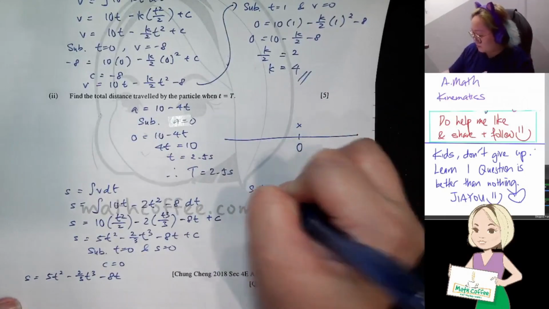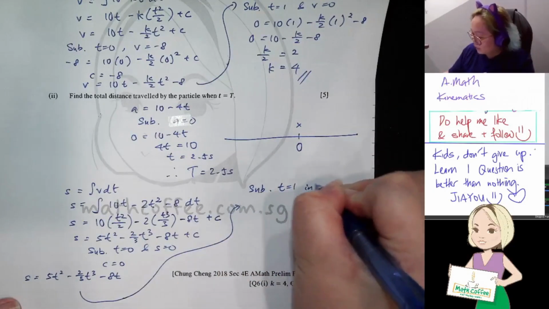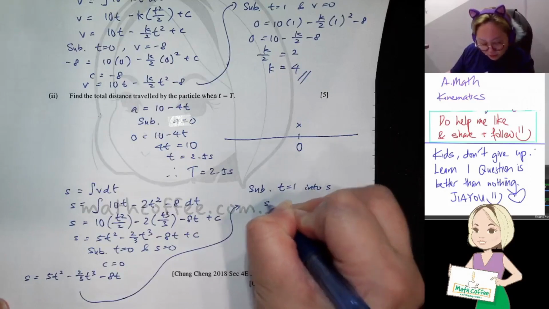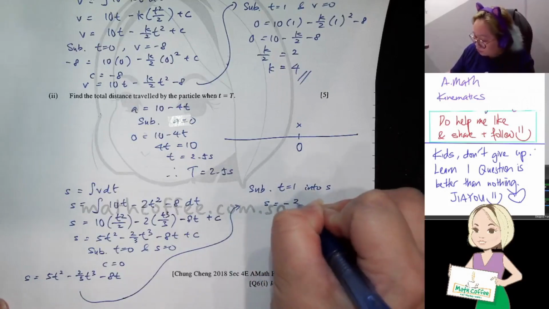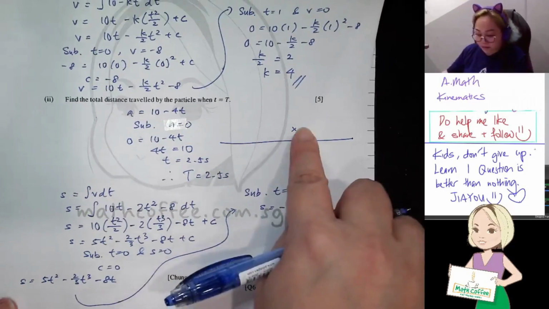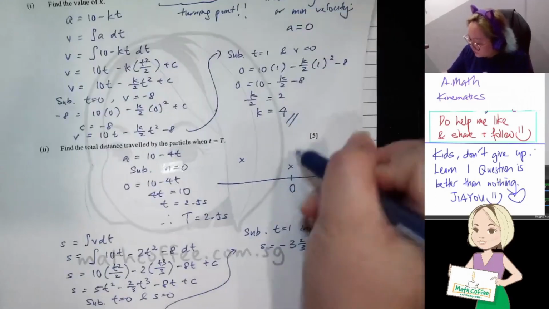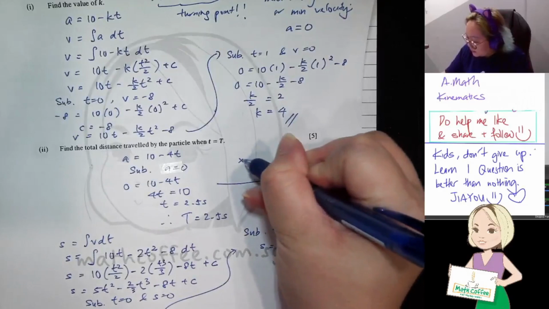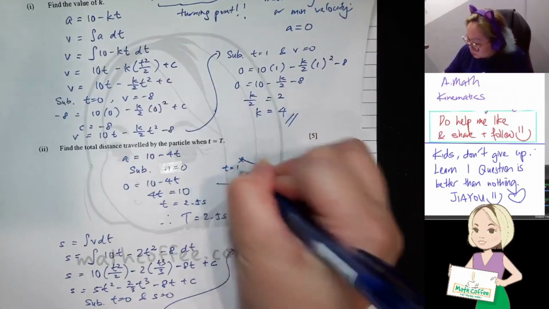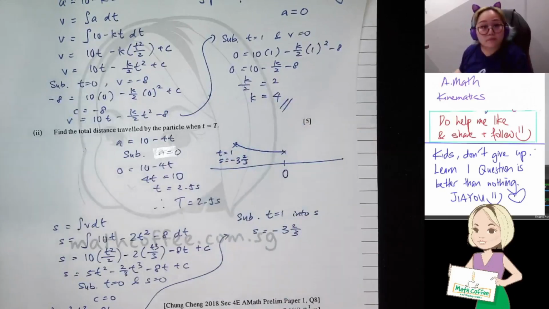Sub t equals 1 into the s. So my s will be negative 3 2/3. Again, don't panic when you see minus. It simply means that my particle is behind here when it turns. So t equals 1, s equals minus 3 2/3.